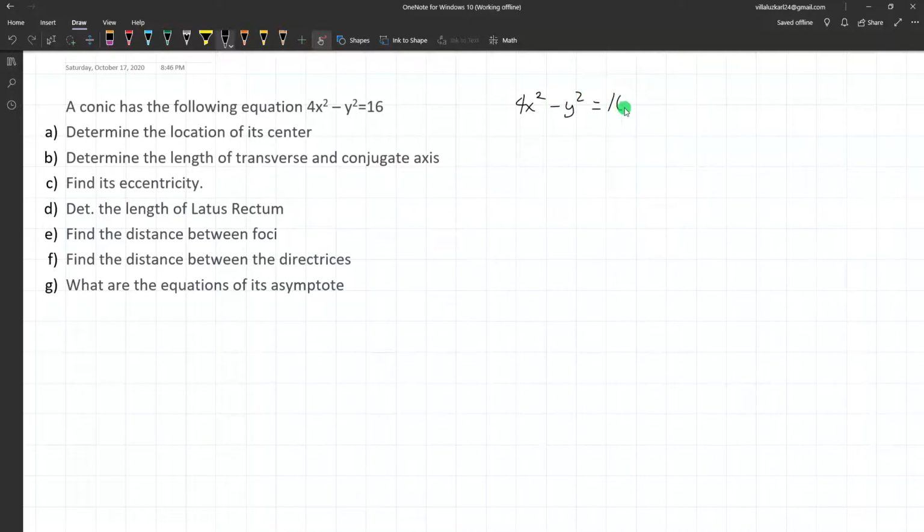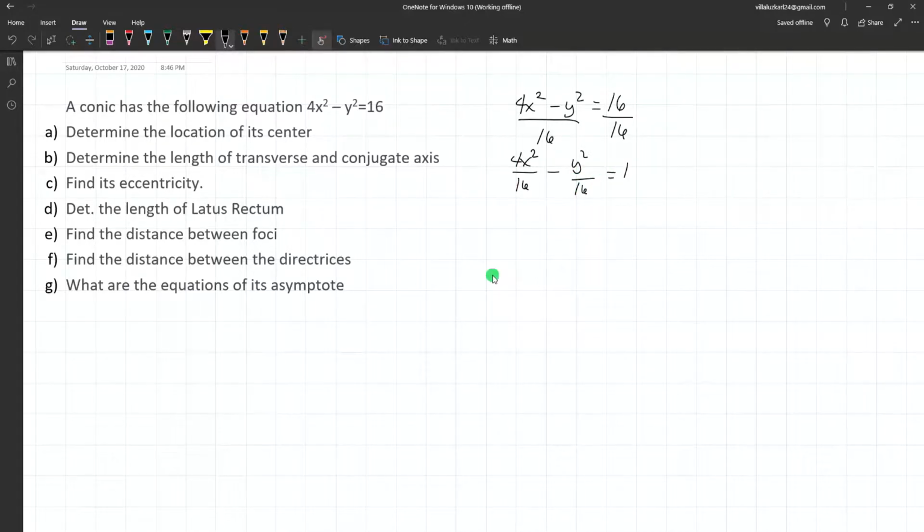It should be equal to 1. Therefore, we divide both sides by 16. It will become 4x squared over 16 minus y squared over 16 equals 1.